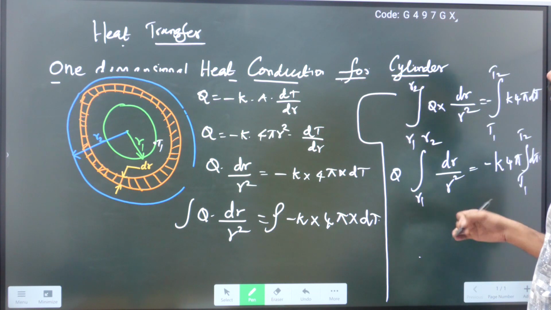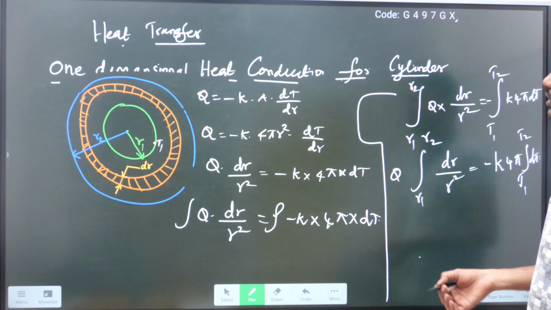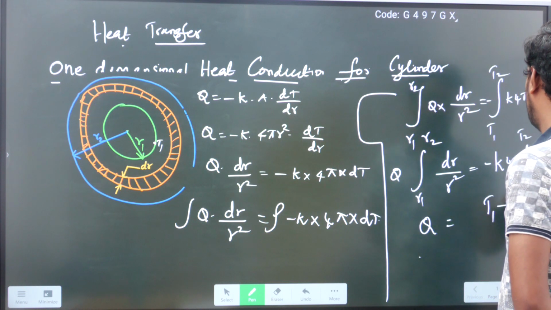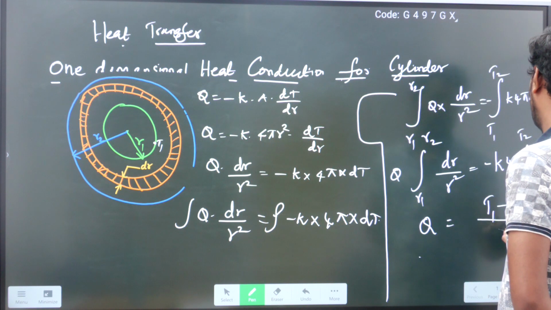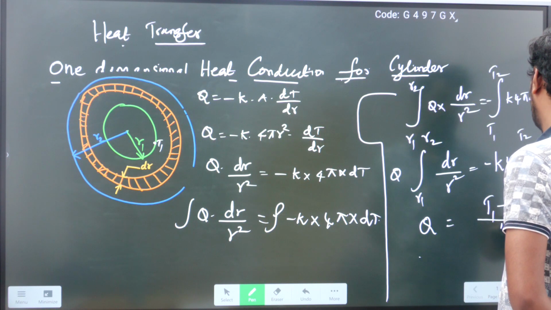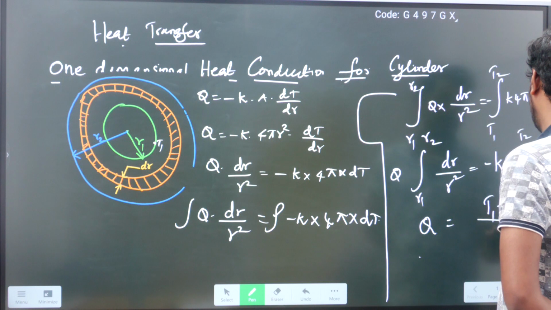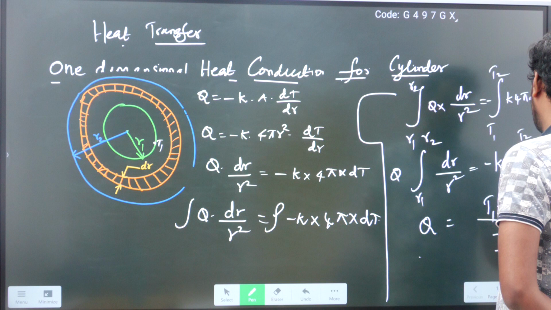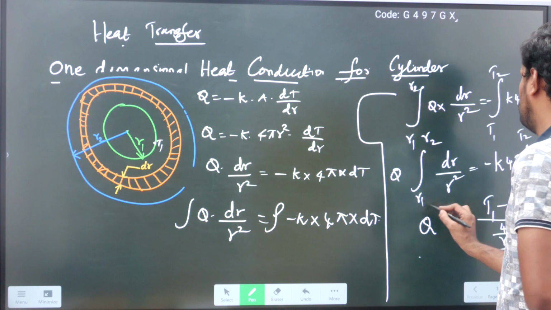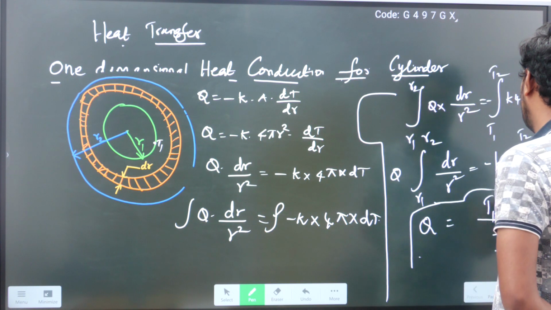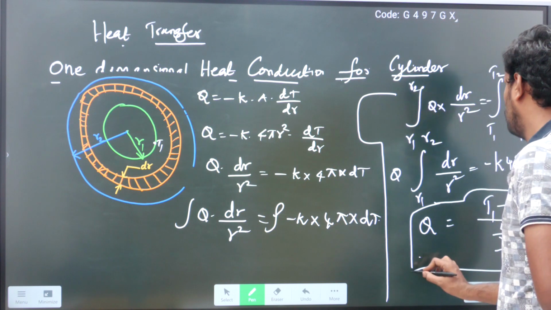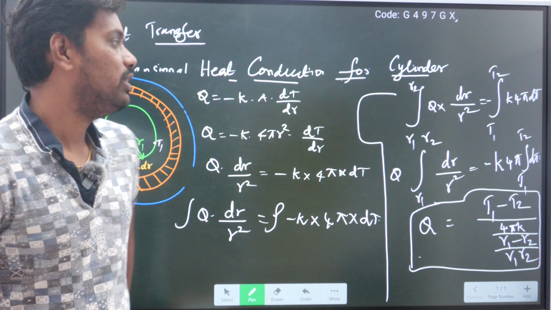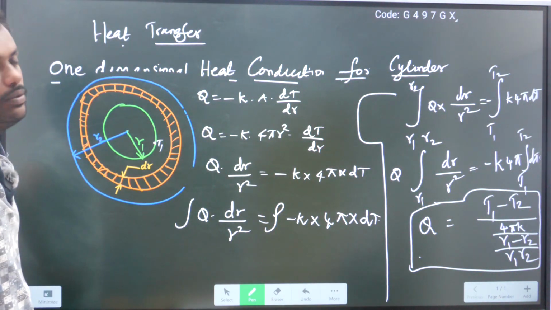If we integrate, we will get the final equation: Q is equal to T1 minus T2 by 4 pi K by R1 minus R2 by R1 R2. This is the final one dimensional heat conduction equation for sphere.